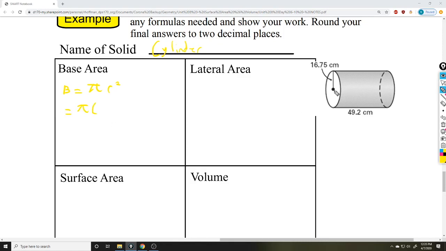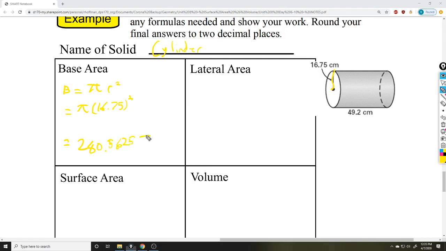What's the radius? Well, it's the distance from the center out to the edge of the circle. And so that's the 16.75. 16.75 squared. Again, I'm leaving this in terms of pi until the end of the problem. So 16.75 squared is 280.5625.